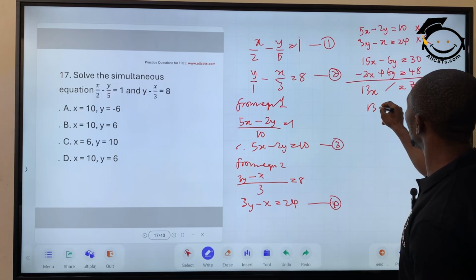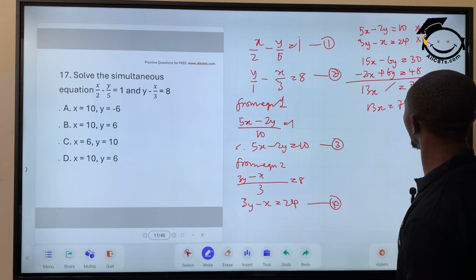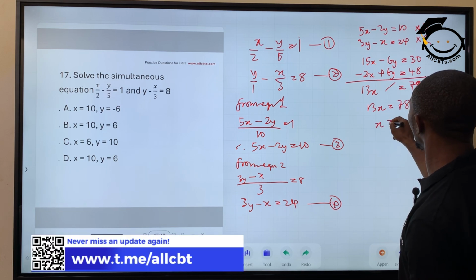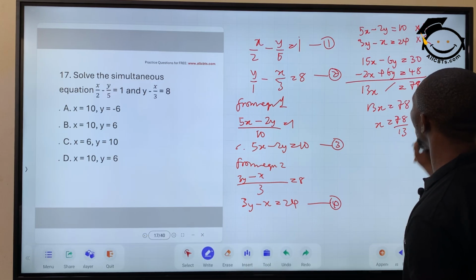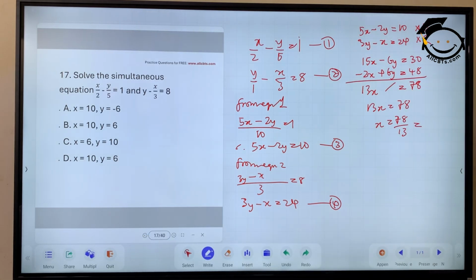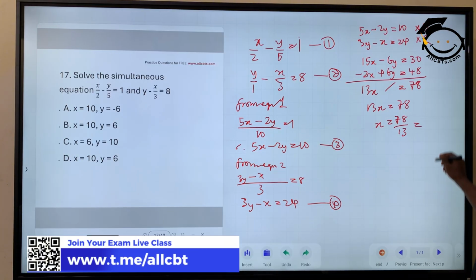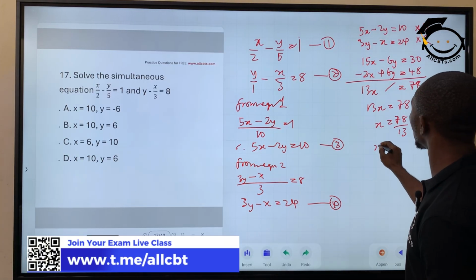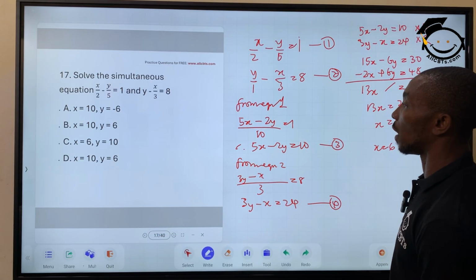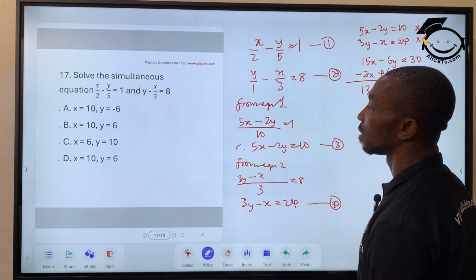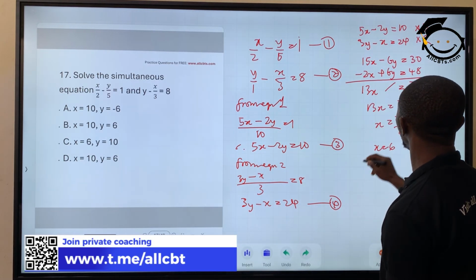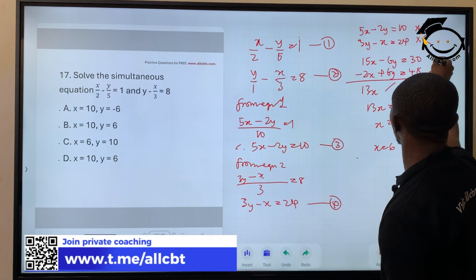So 13x equals 78. x equals 78 over 13. Okay, 78 over 13 will give us 6. So x is 6.